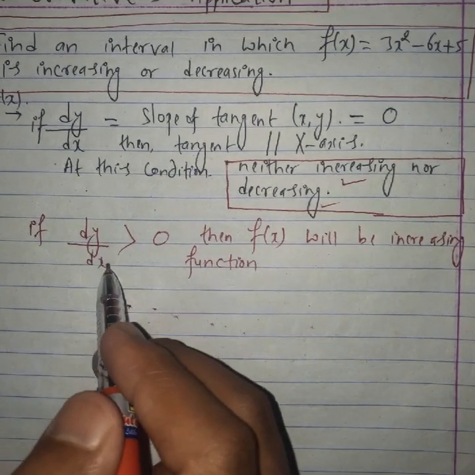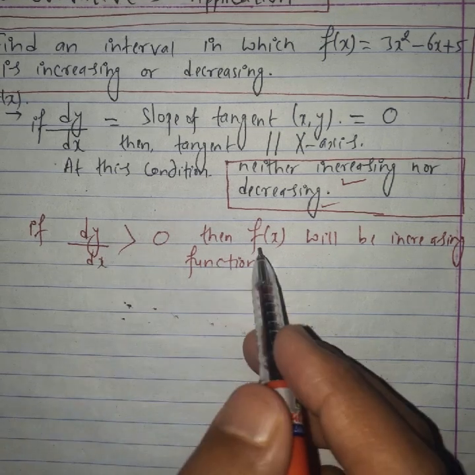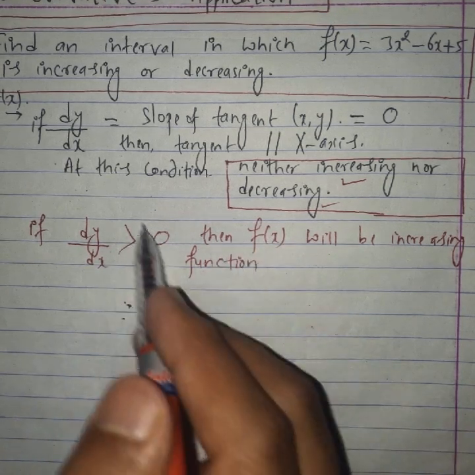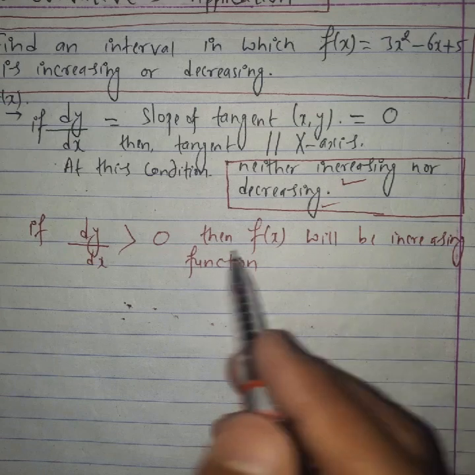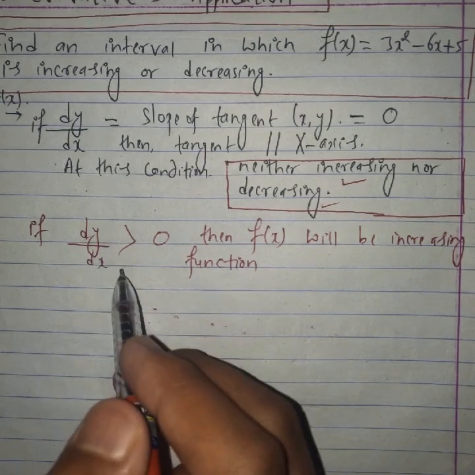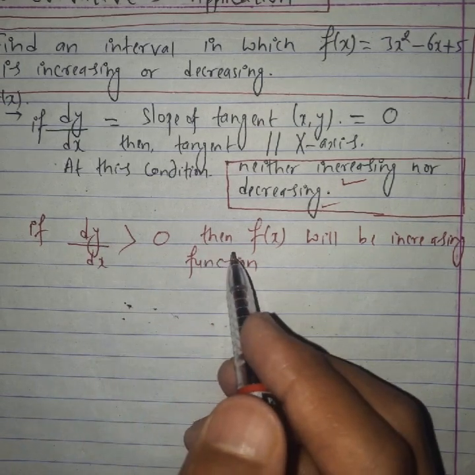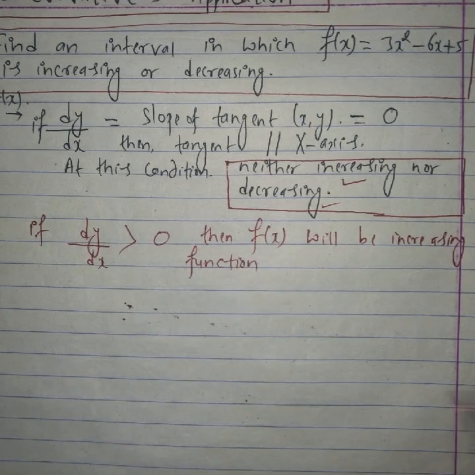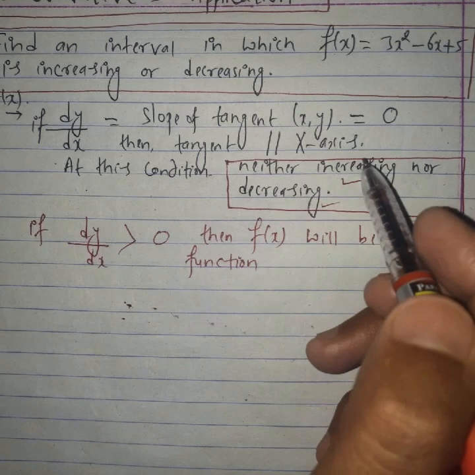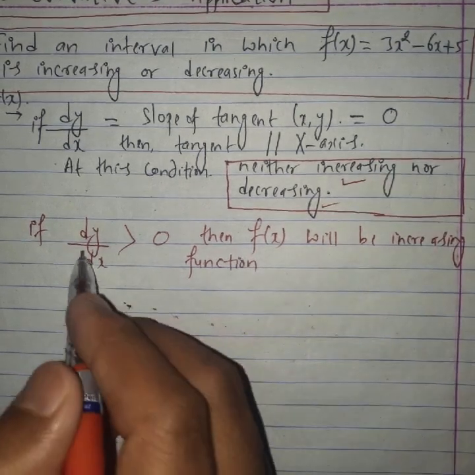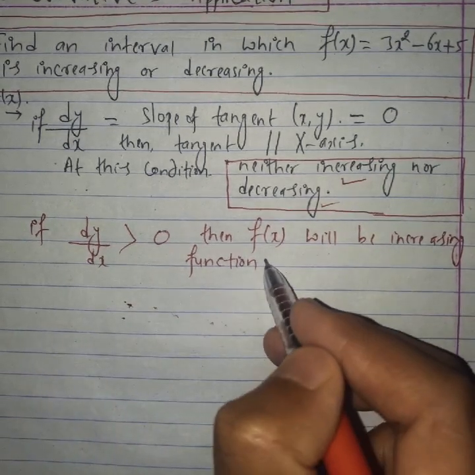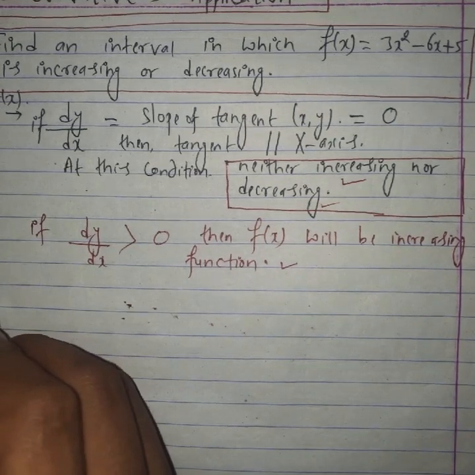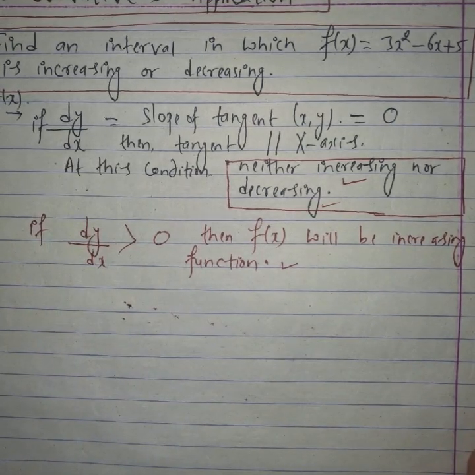If dy over dx is positive, then f of x will be increasing at all the points on that interval. The interval will be calculated later. This is the condition for the increasing nature of a function.